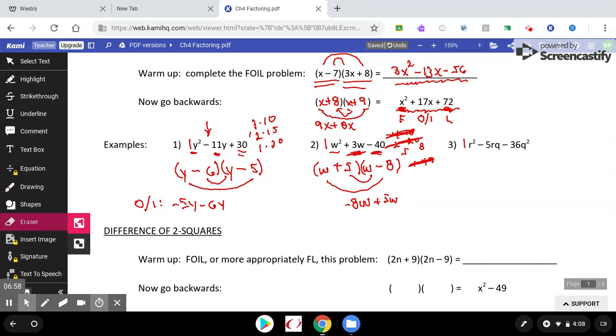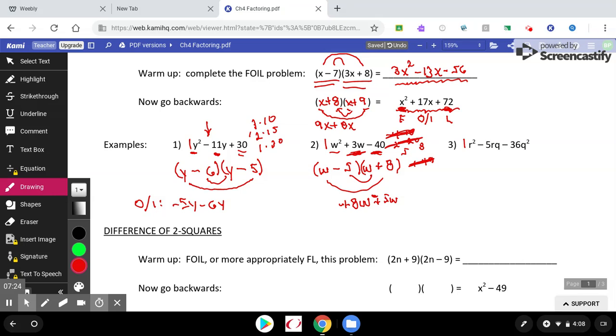So what's wrong? I simply have my signs backwards. So all I have to do is go back and flip-flop them. If I made that one plus instead, and that one negative, and I rechecked it, now they do give me a positive 3w. So it checks. It's perfect.